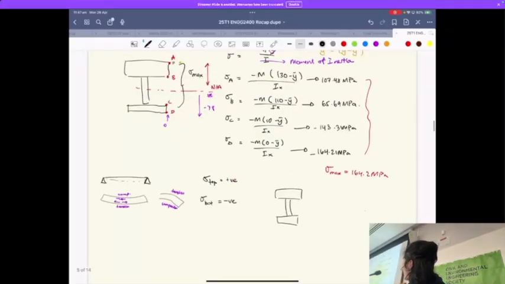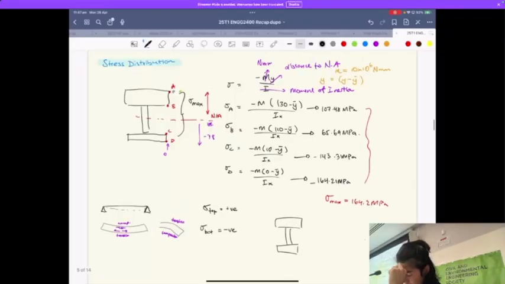Will the top section stresses always be positive? No. I think this is supposed to come up as negative, negative, positive, positive, but you should know just based off this that it's going to be the opposite way. Yeah, okay.